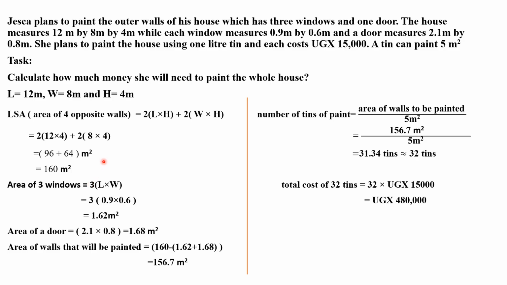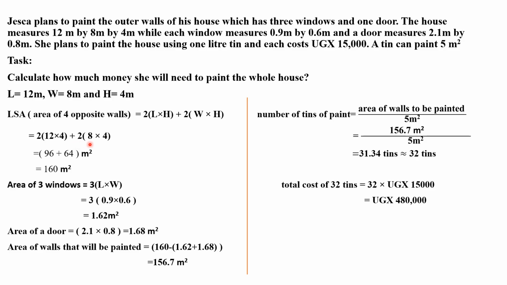The 2 walls to make 6 walls. We would have a floor and the ceiling, but we are not painting the ceiling for that case. So we shall just come here and we substitute, and here we get 2 into 12, the height times 4. 12 is the length, and then 4 is the height.